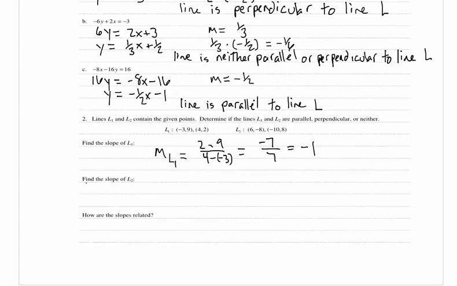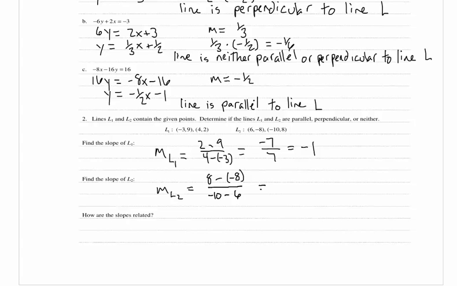And the next thing we're going to do is find the slope of L2. So we have m of L2 is equal to y2, which is 8, minus y1, which is -8, divided by x2, which is -10, minus x1, which is 6.